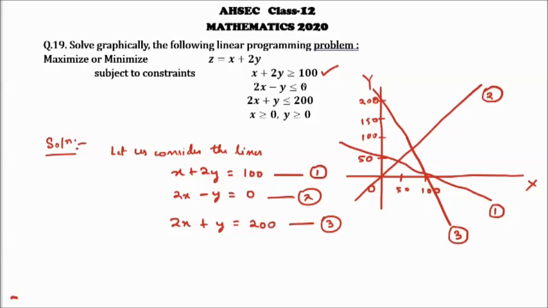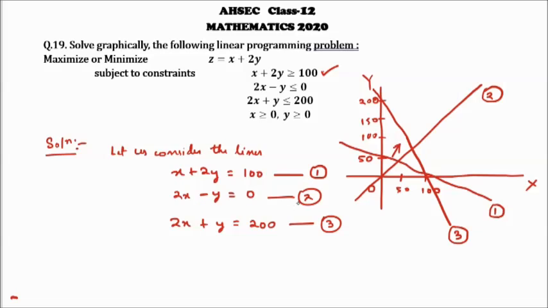The best way to check the solution region for this type of inequality is first to check whether the origin satisfies it or not. That means if I put x equal to 0, y equal to 0, does it satisfy? Clearly, if I put x equal to 0 and y equal to 0 in the first inequality, it does not satisfy this inequality. That means my solution region will lie on the other side of the origin. That means the region will lie on this side.